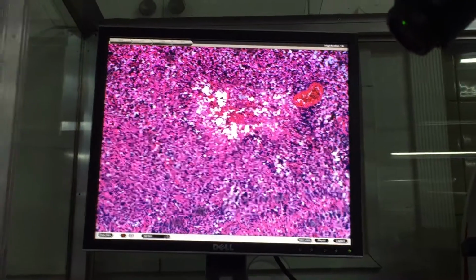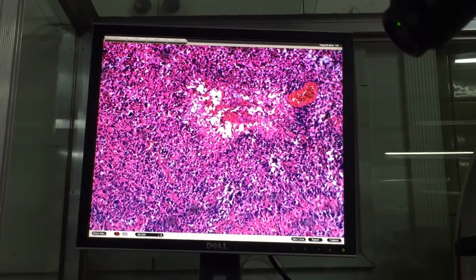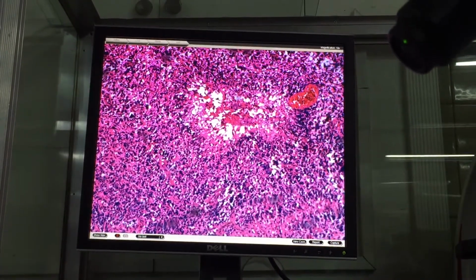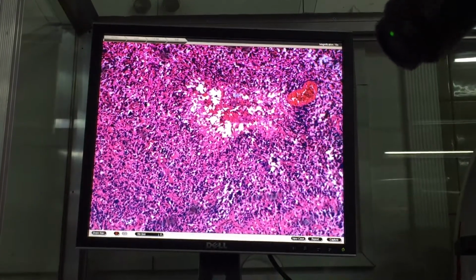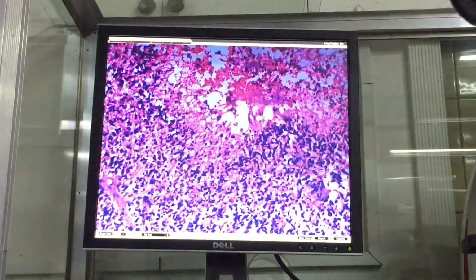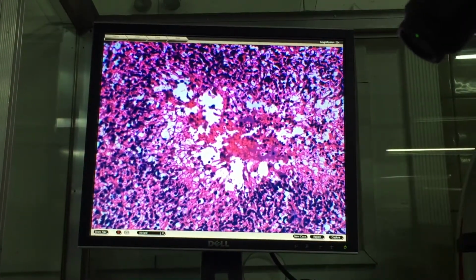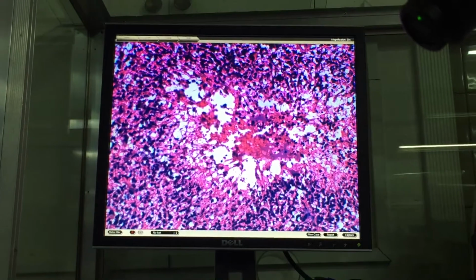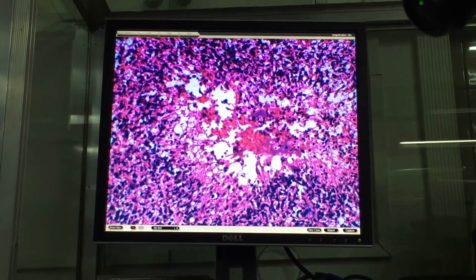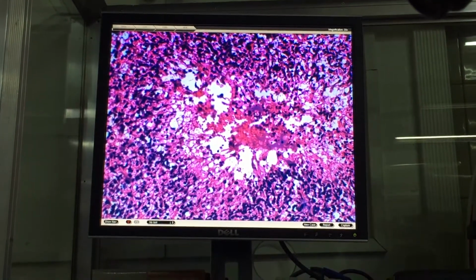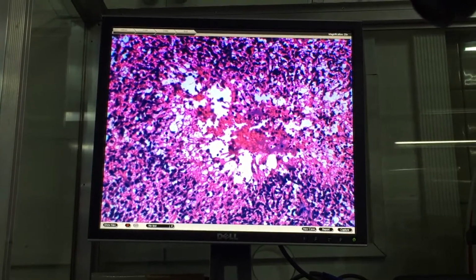The tumor cells seem to palisade around this. What is this area? Let's go high magnification. Necrosis. You see coagulation necrosis. You have multiple inflammatory cells. Around this necrosis you see palisading of your tumor cells.